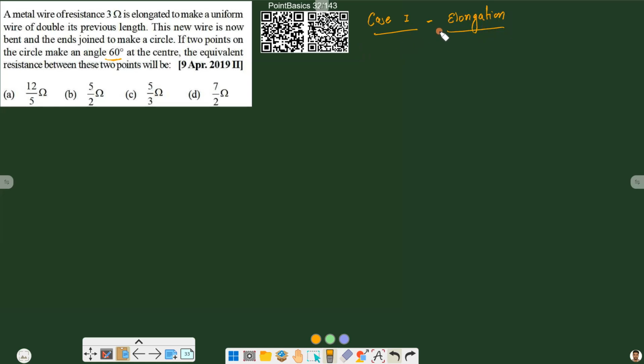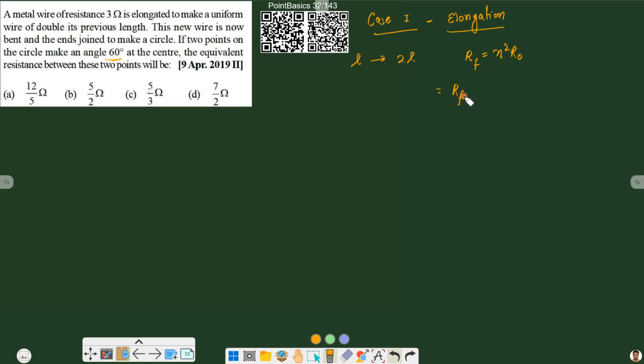The spelling might be wrong, so no problem, bear with it. So our length is increased from L to 2L, and as we know that if length is increased n times and volume and material remain the same, then the final resistance becomes n squared times the old resistance, where n is the ratio of final length to original length, and here it will be 2.